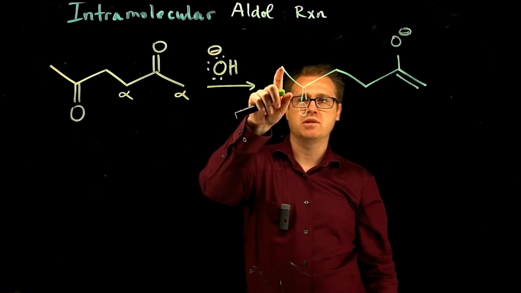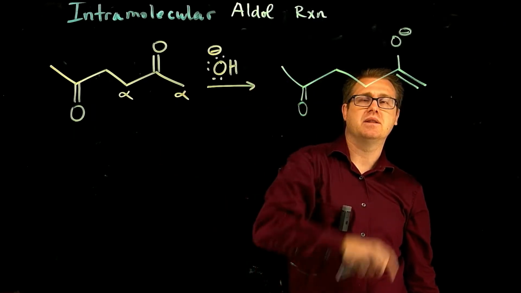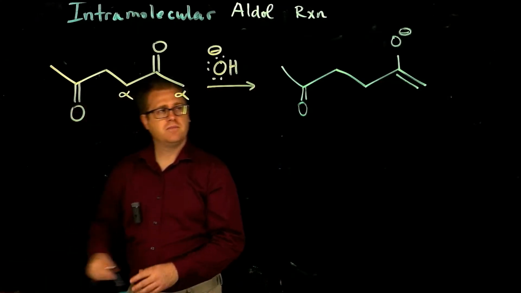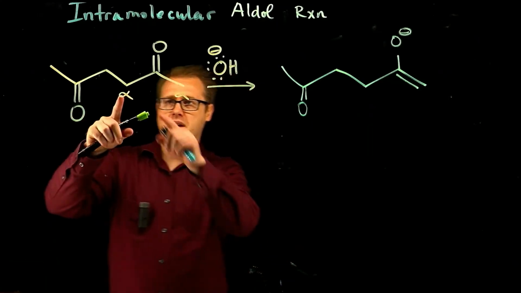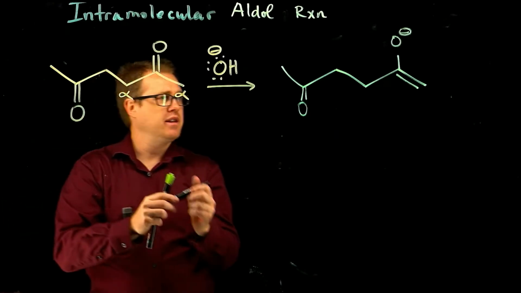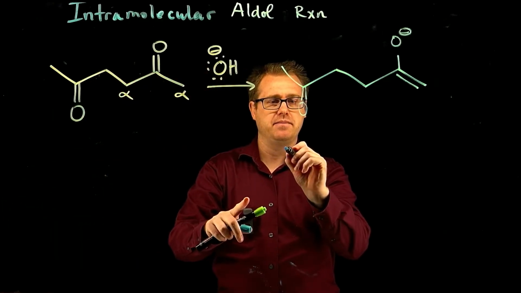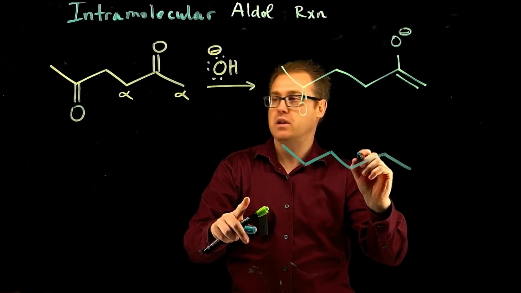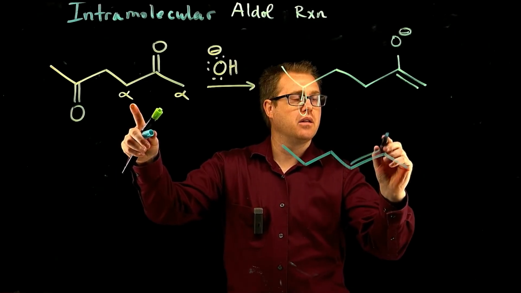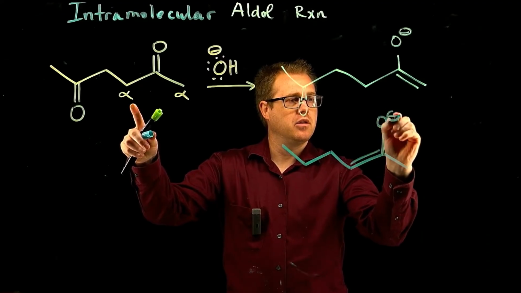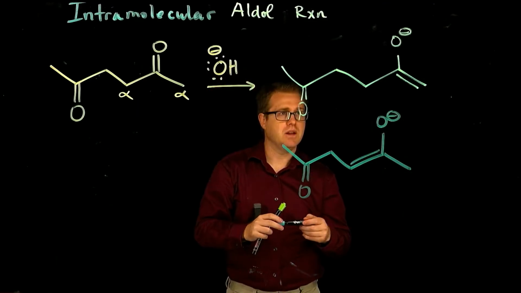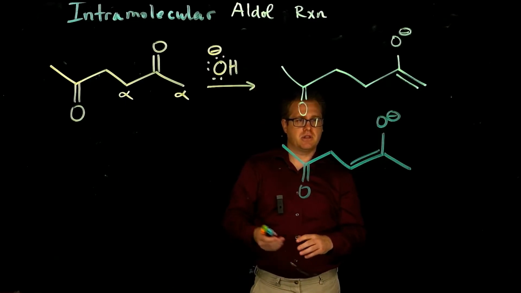Make sure I have 6 carbons. 1, 2, 3, 4, 5, 6. You get that enolate. But if you ripped off this alpha hydrogen right there, what type of enolate would you get? You would get like that. Okay.